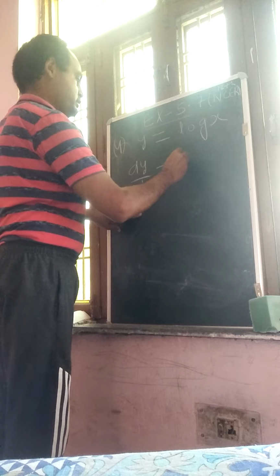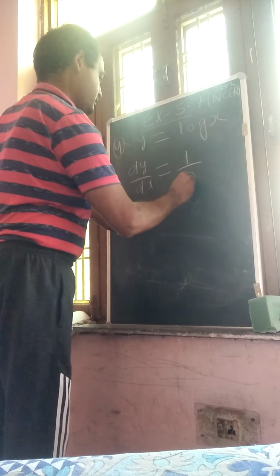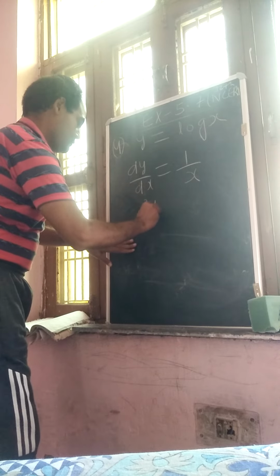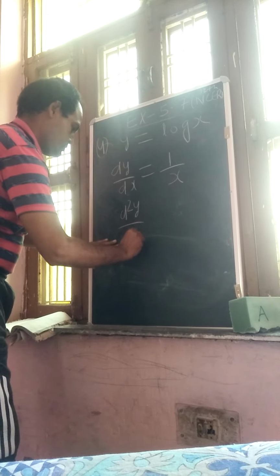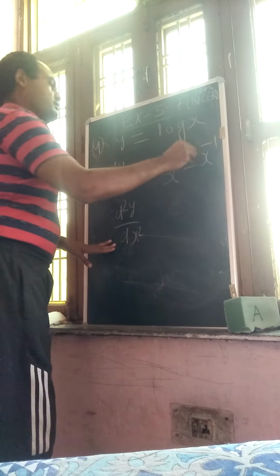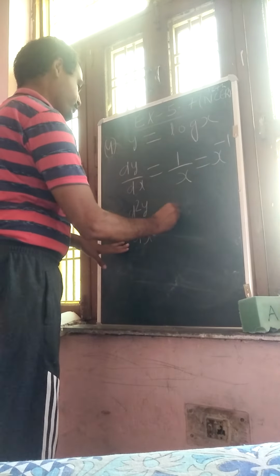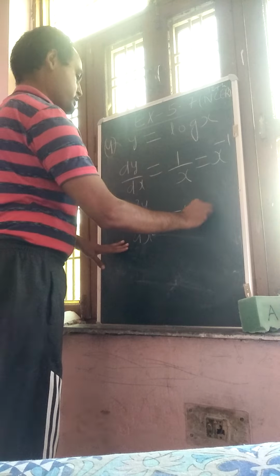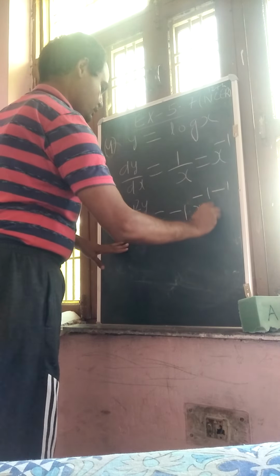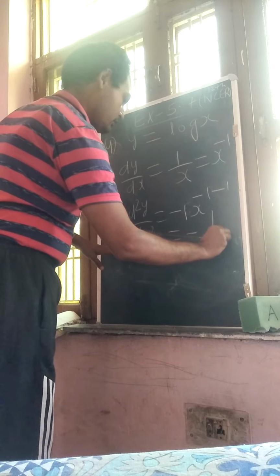This is 1 upon x. Next, d2y: we also write x to the power minus 1. Minus 1 comes down by the formula of algebra, and x to the power minus 1 minus 1. This is equal to minus 1 upon x square.